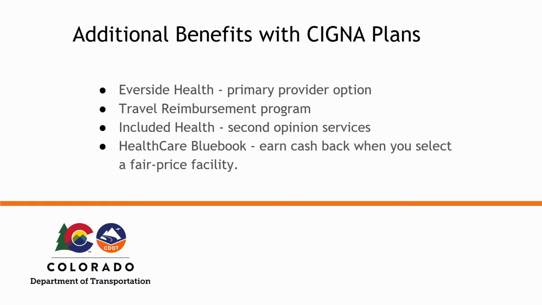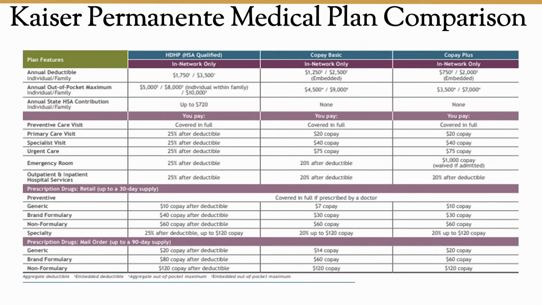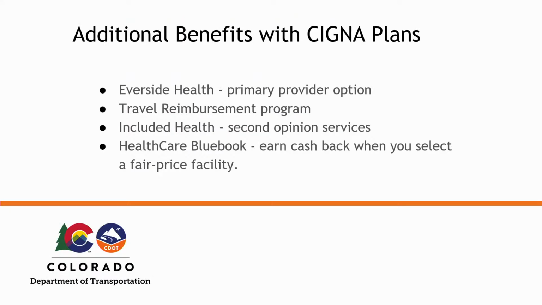There is a travel reimbursement program that if you actually travel a certain distance outside of your home area to get medical treatment, you can get reimbursed for travel expenses, thereby reducing your out-of-pocket cost. There is Included Health. This used to be called Grand Rounds. They are a second opinion service that is, again, no cost to you.